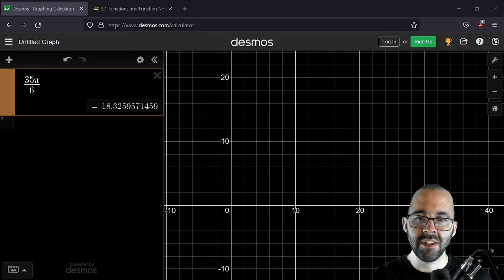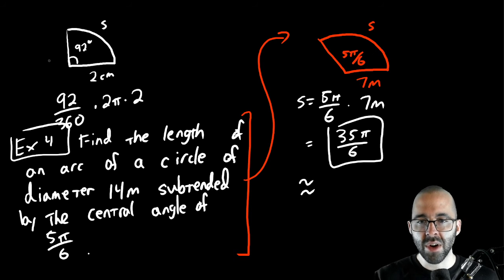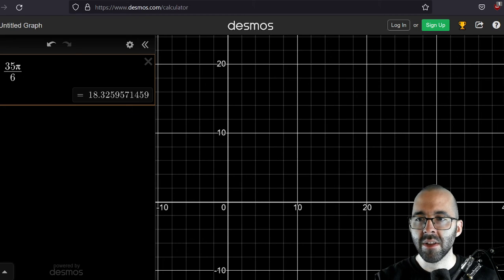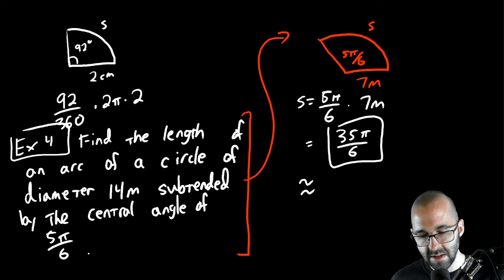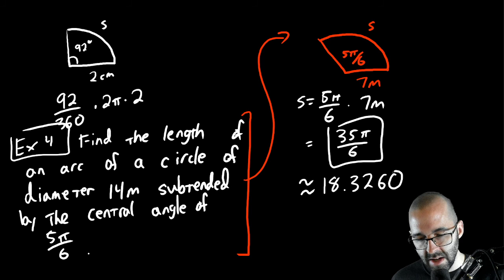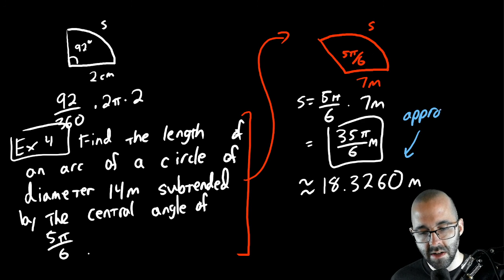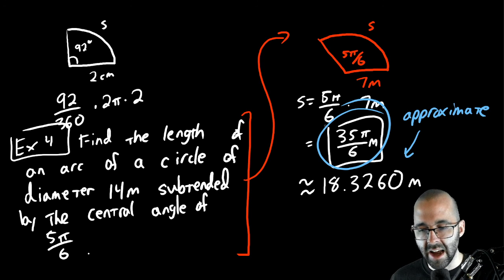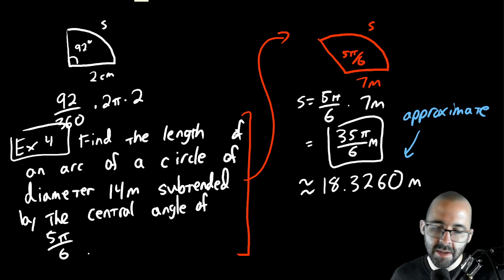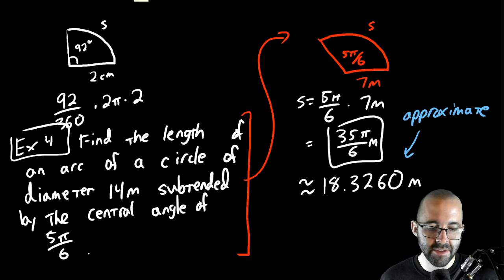So you just copy that down, and that would give you your approximate answer. That's about 18.3260. And make sure to have our units, which are in meters. And again, this right here is what's known as the approximate answer, as opposed to this, which is the exact. Sometimes I'll ask for one, sometimes I'll ask for the other.